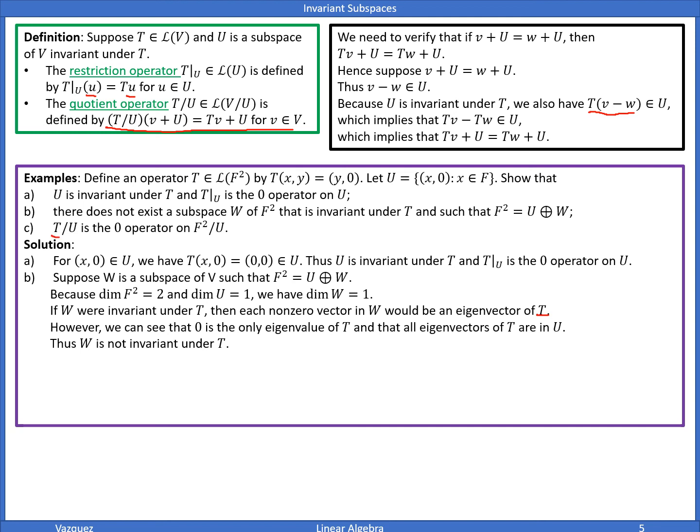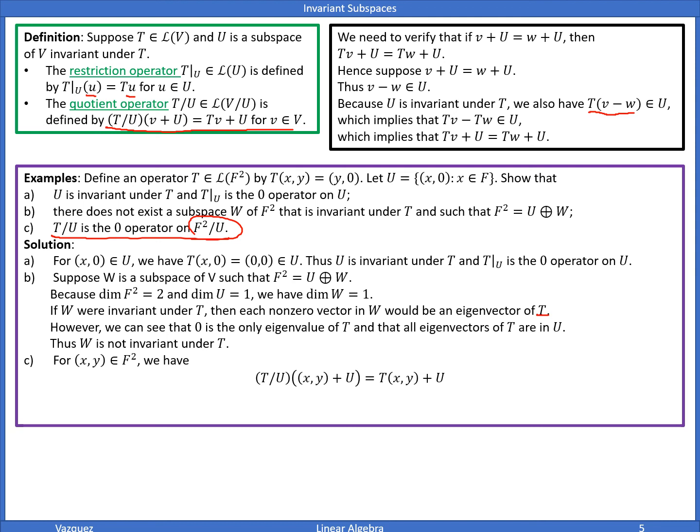Last one though. The quotient map, which is an operator, is the zero operator on F2 over U, this quotient space. Well, for (x,y) in F2, we have that the quotient map takes (x,y) plus U to T of (x,y) plus U, right?